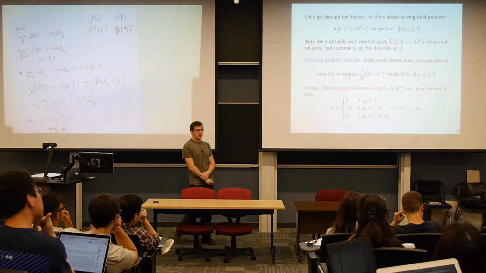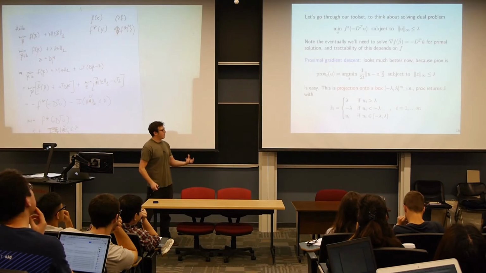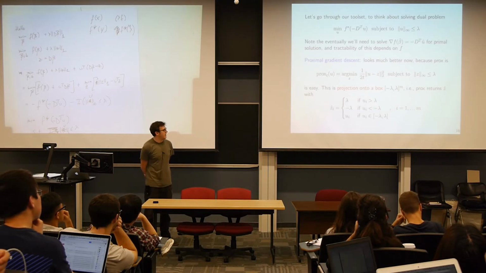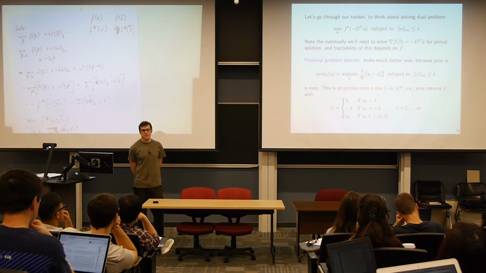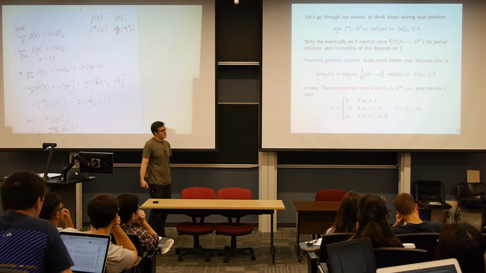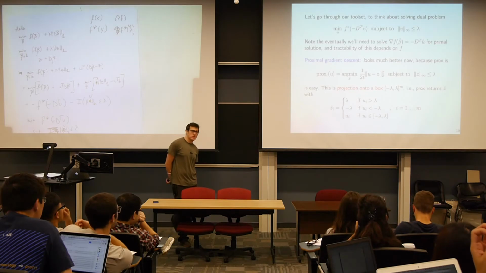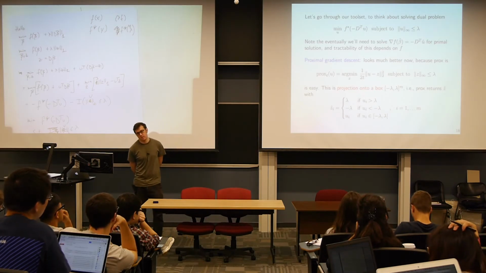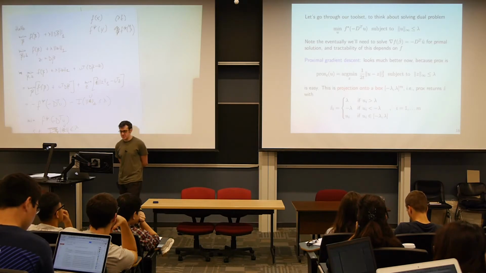Basically, if the absolute value of the variable is larger than lambda, you set it equal to lambda with the appropriate sign. Otherwise, you leave it the same. So it's a very simple proximal operator, as opposed to the proximal operator for the primal problem, which was essentially as complicated as the original problem. Does that make sense to everyone?